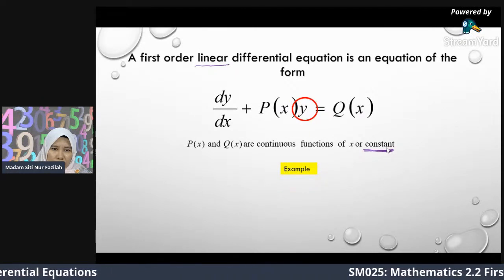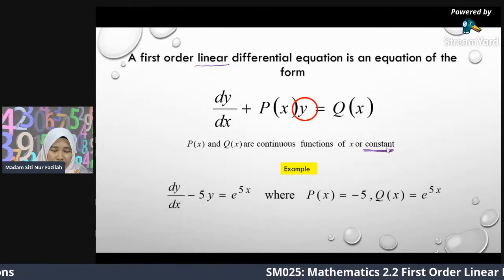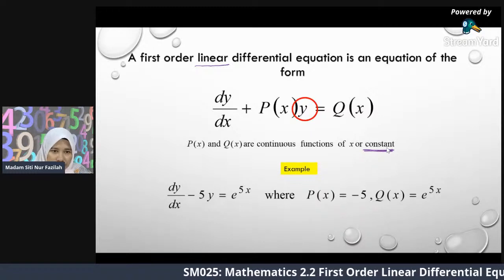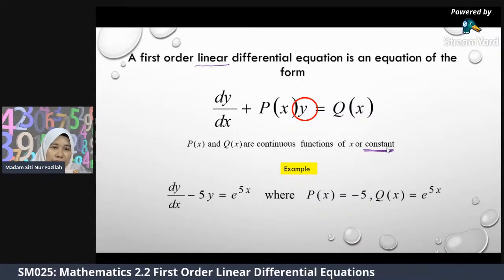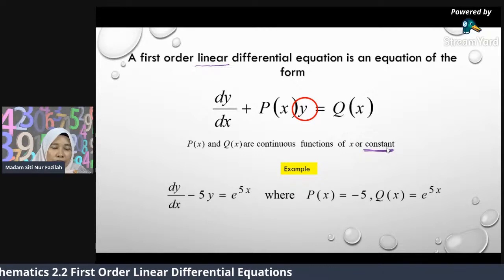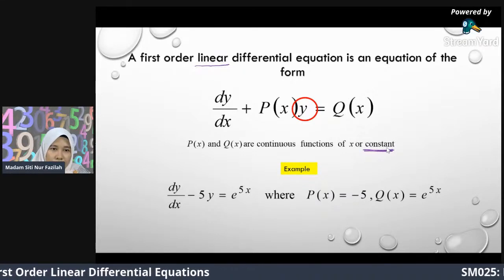For example, we have dy over dx minus 5y equal e to the power of 5x.